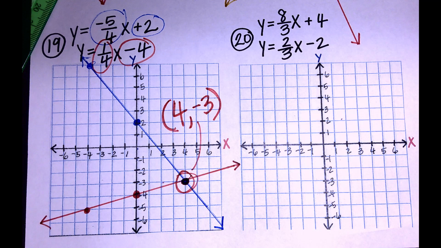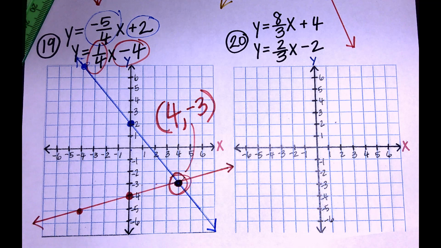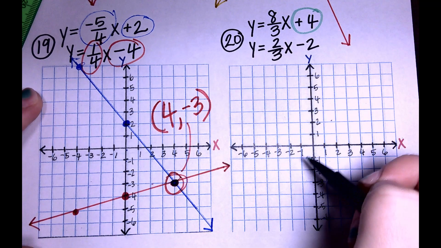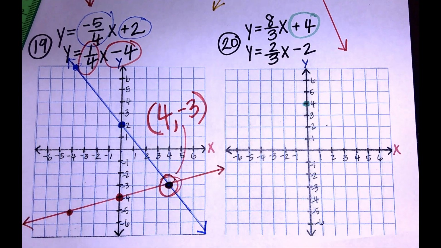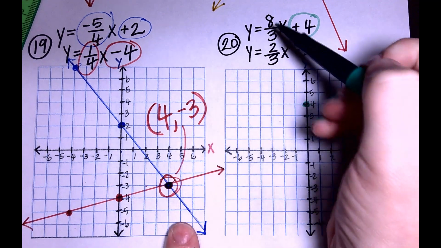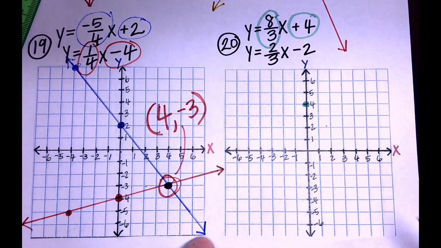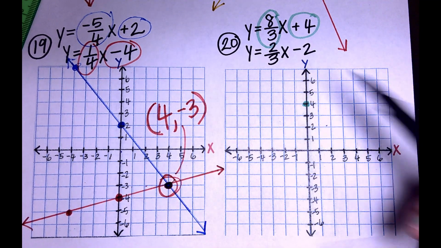Okay, last one. y equals 8 over 3x plus 4. Where's my starting point? 4. Good. So I'm going to start at 4 on the y-axis. Now, I definitely cannot use this slope and go up 8 over 3. I don't have 8 spaces.